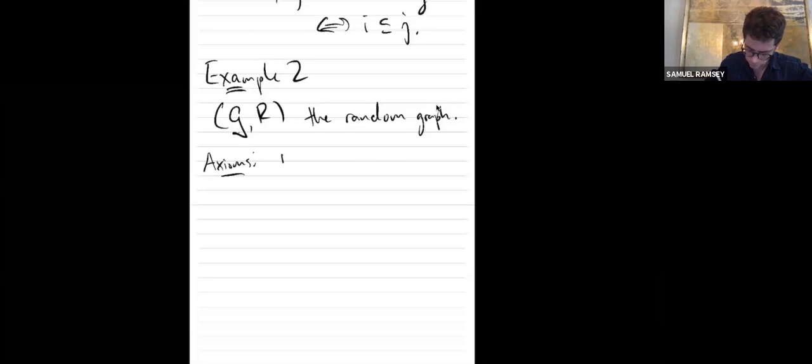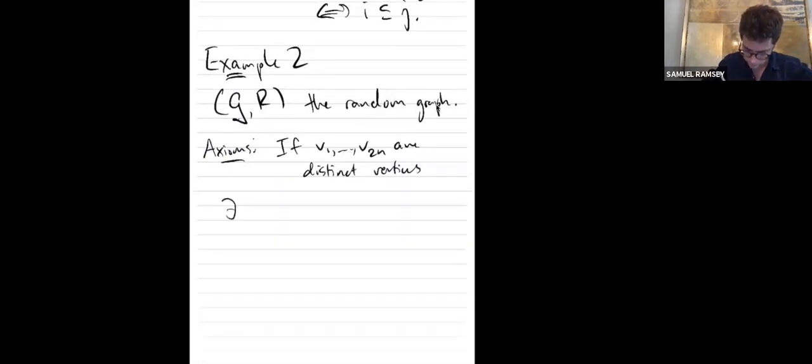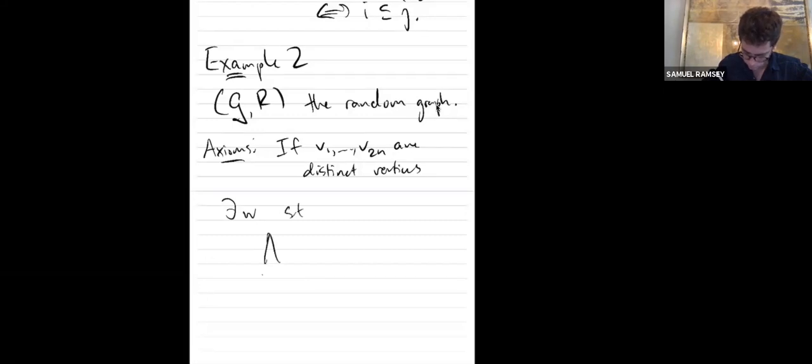If v_1 through v_2n are pairwise distinct vertices, then there exists some vertex w such that for every i from 1 to n, w connects to those v_i, and for every vertex indexed by n plus 1 to 2n, w doesn't connect to the rest.